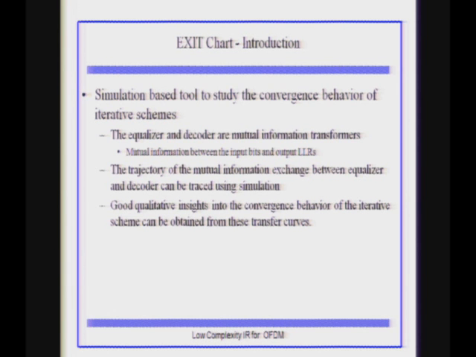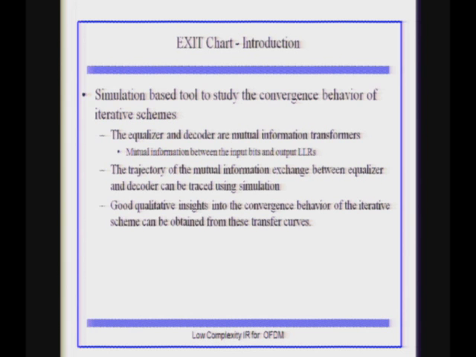So we went with that, and that is how many of these turbo equalization schemes are compared. Equalizers and decoders are considered to be mutual information transformers, and the trajectory of the mutual information will be much clearer when we look at an example. So we plot the trajectory of the mutual information exchanges.